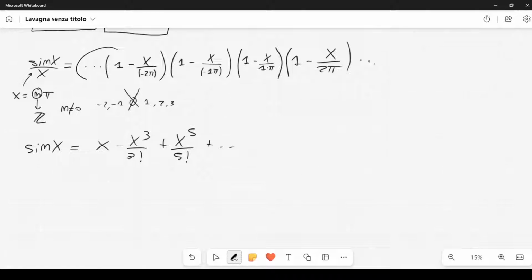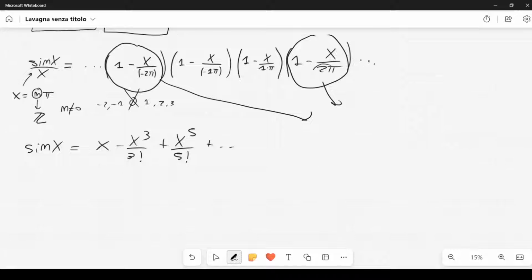Now, if you multiply all these terms, in particular, we can multiply the terms in the following fashion first. We can multiply this with this. So when we multiply these two together, you have 2 pi and minus 2 pi here. So it's easy to see that you have 1 minus x squared divided by 2 squared pi squared, right?